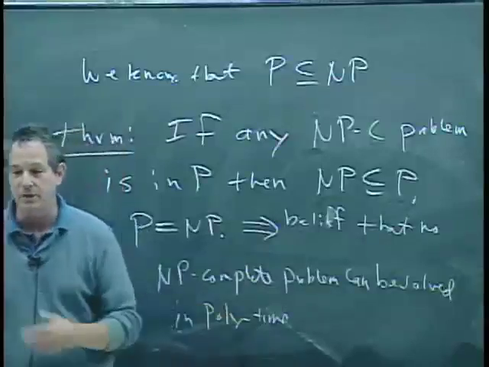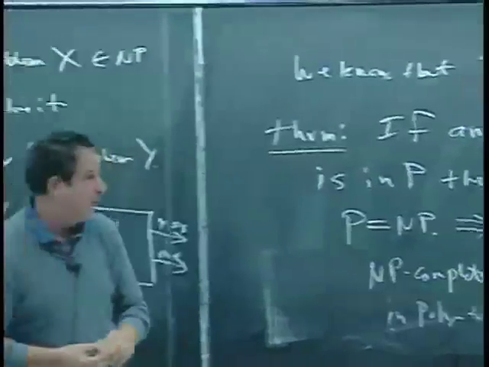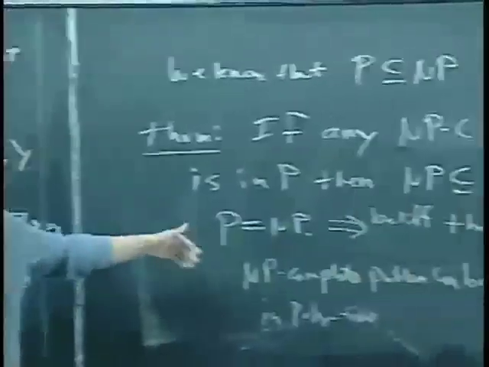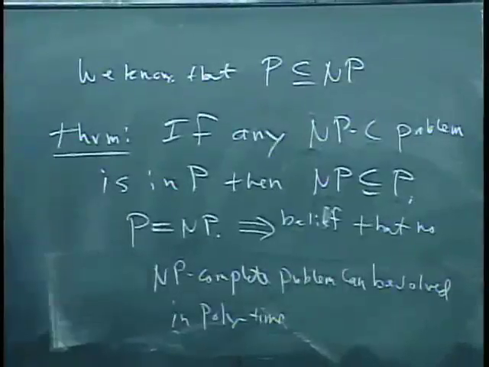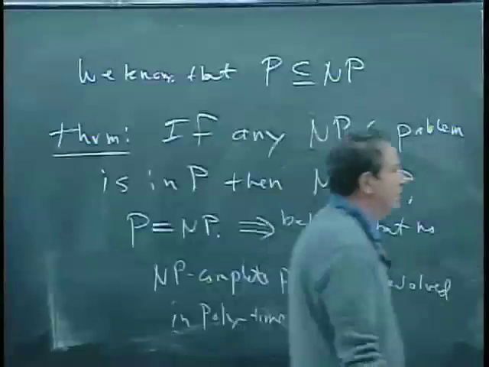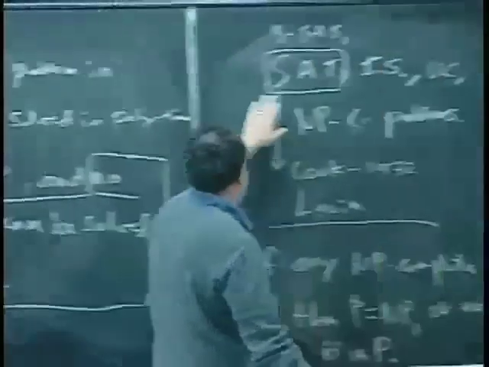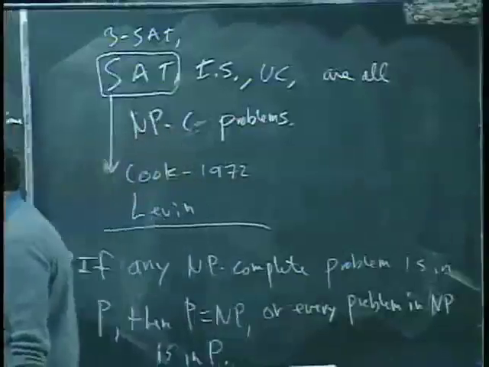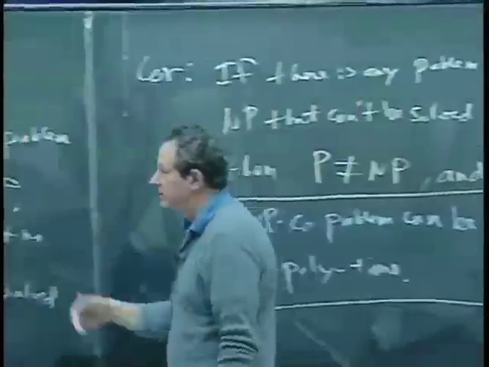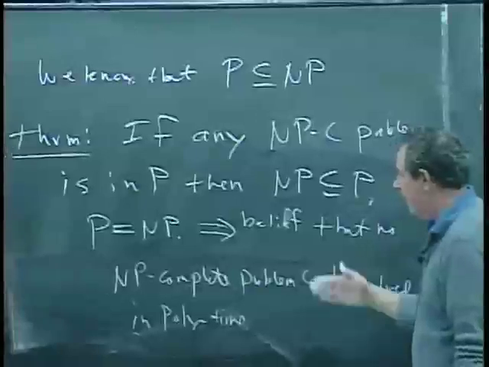Okay, so what you're supposed to get from this class is an understanding of the logic of how this whole business comes about. The one missing piece in that logic is you haven't actually been shown that any NP-complete problem exists. Okay? But the rest of the logic is all here in the definitions.